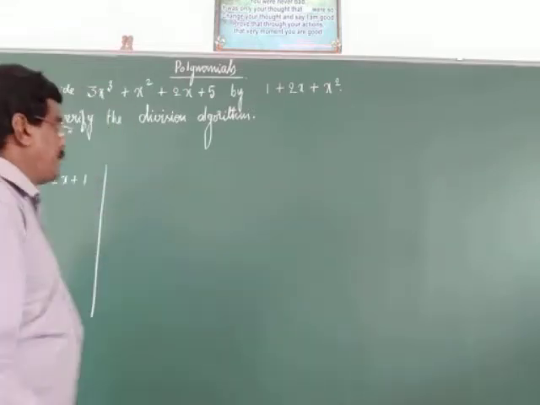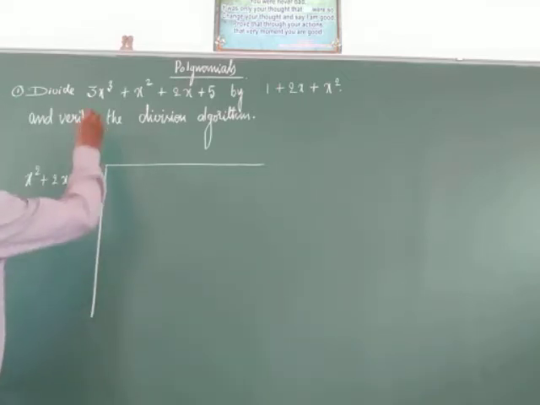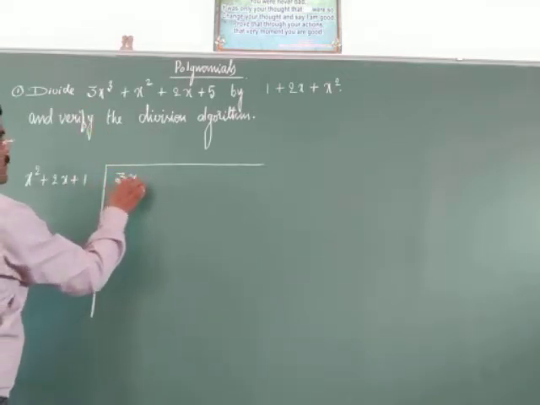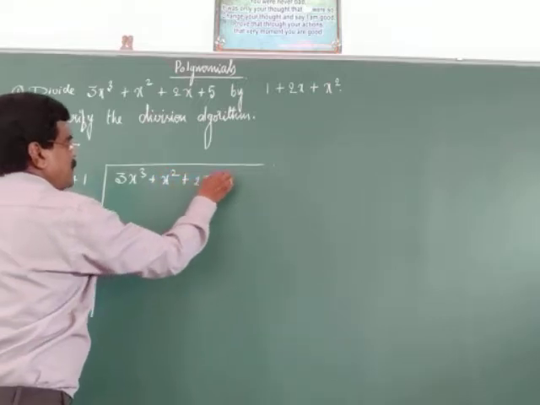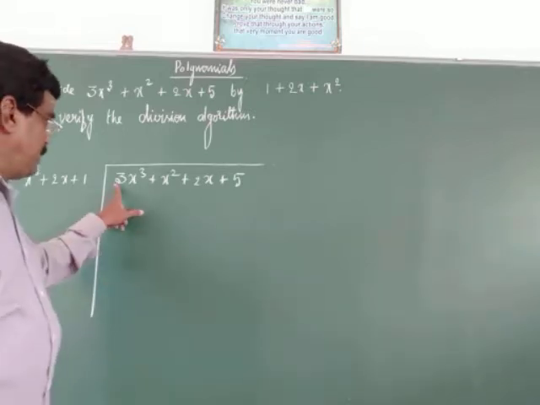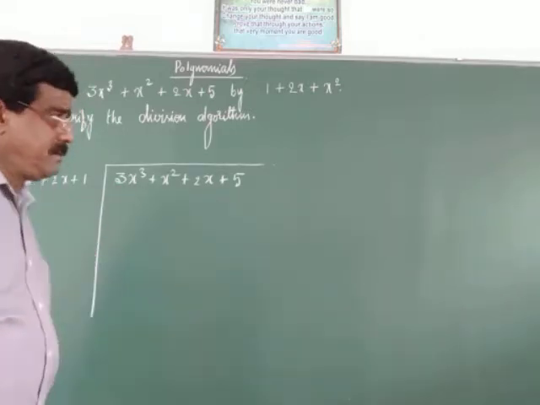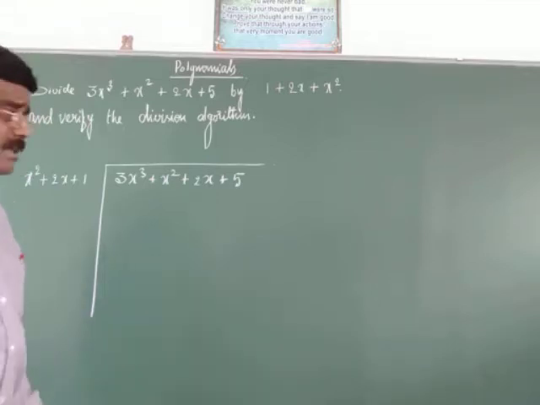You have to rearrange and write. Then coming to the dividend, that is 3x cube plus x square plus 2x plus 5. This is the dividend.